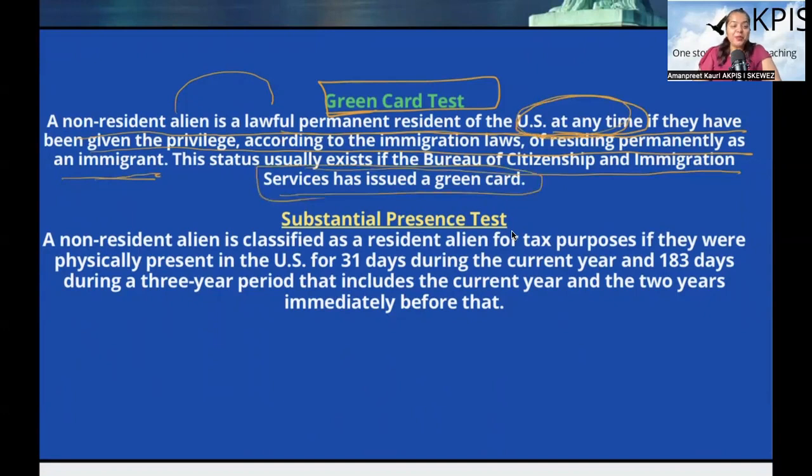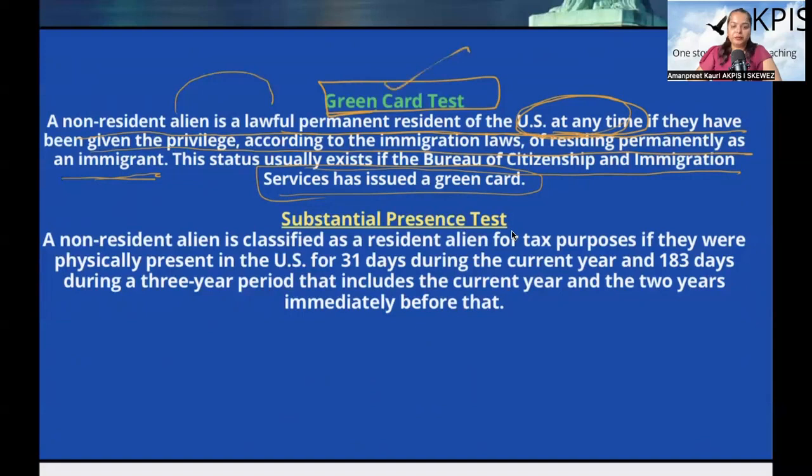That means initially you were a non-resident, but after complying with the conditions of the immigration body of the United States of America, you have been given a green card of the US, so you will become a resident alien.